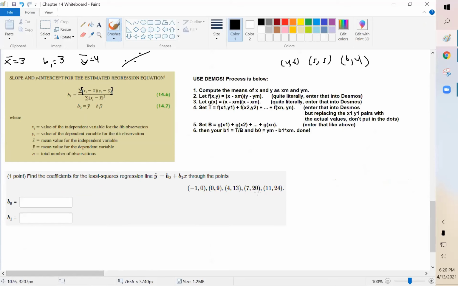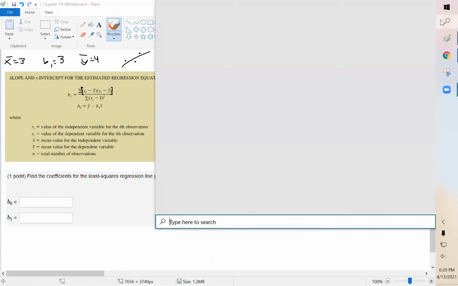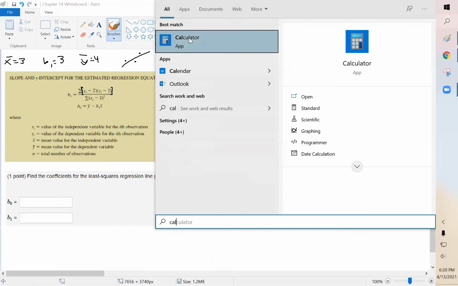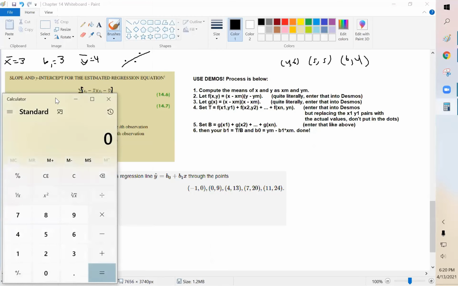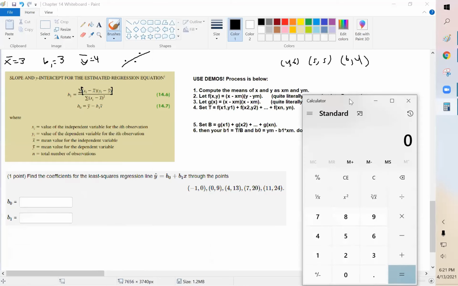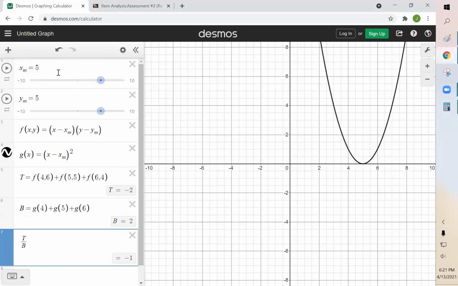So we have these 5 data points. The first step, and I believe those at home should be able to see this because I'm sharing the whole screen, is to get the mean first. We have 0, -1, 4, 7, and 11. If you want to type it in Desmos, you can. Doesn't bother me. You divide that by 5. So our X bar is going to be 4.2.